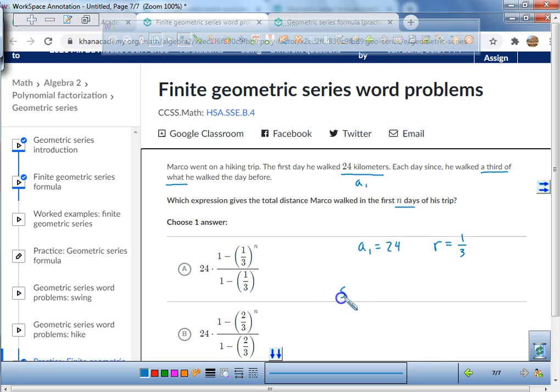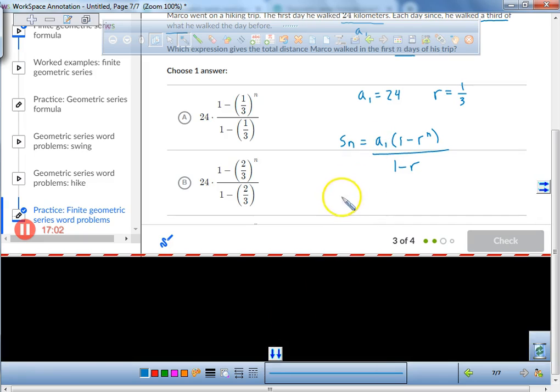So we have to use the formula. S of n equals the first term times 1 minus r to the power of n, all over 1 minus r. So here we go. First term is 24. 1 minus 1/3 to the power of n, all over 1 minus 1/3.